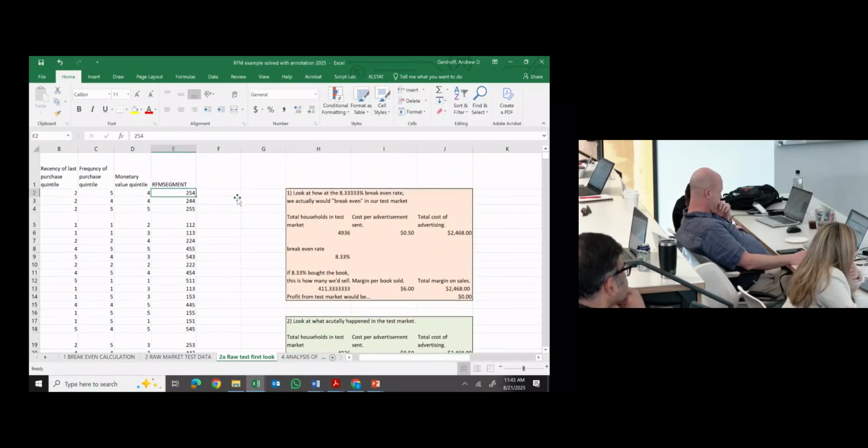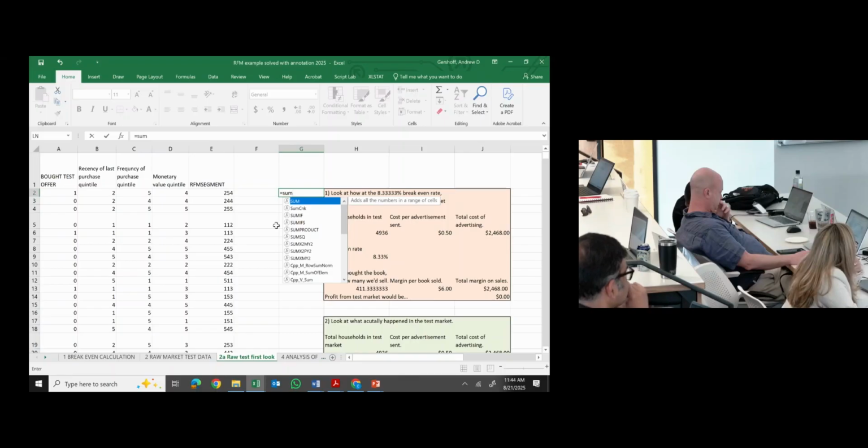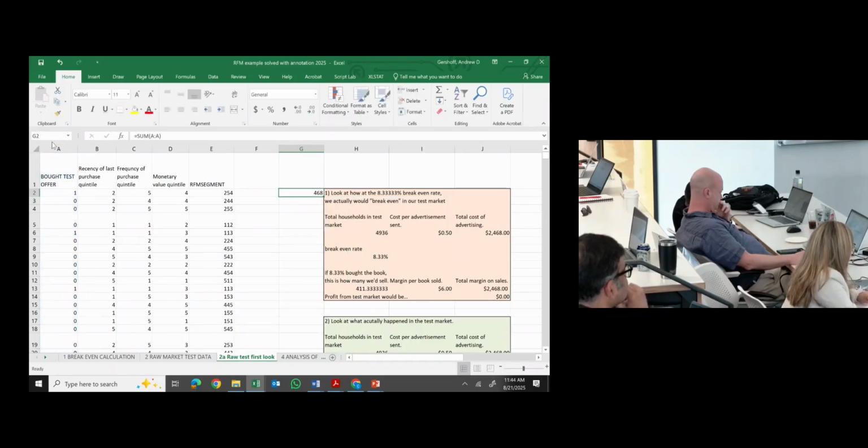I'm going to say, well, how many books did we actually sell, right? So I needed to sell 411. If I take the sum of this column right here, I can see I sold 468 books. So right away, I can see I sold more books than I needed in order to break even. I needed 411, I sold 468.